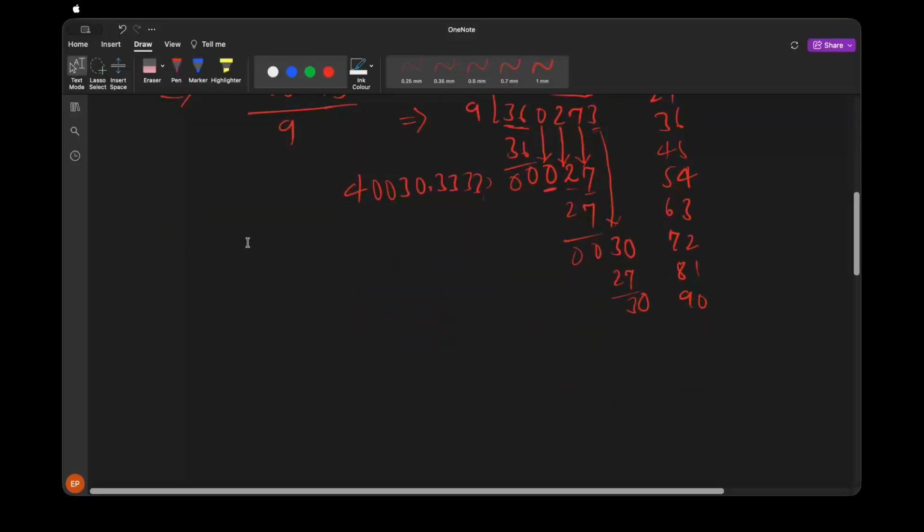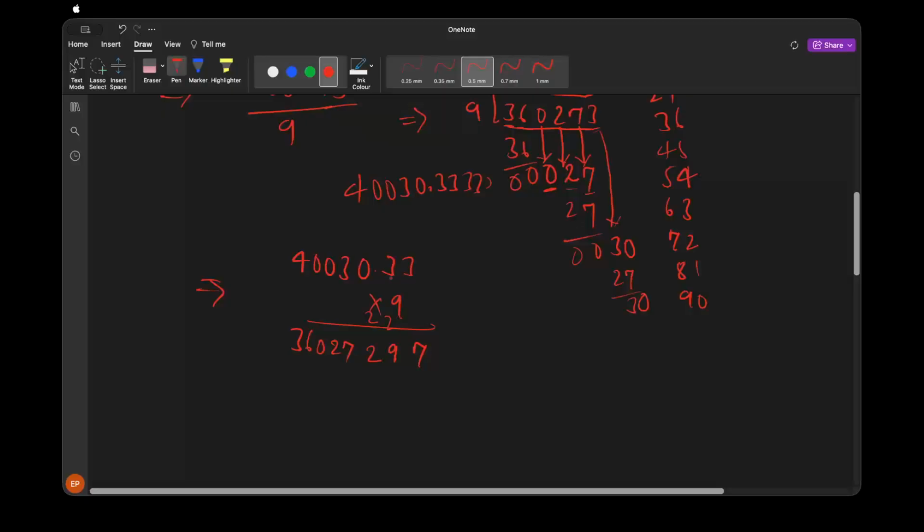Let me cross check whether my answer is correct or not. The answer we got is 40030.33, right? If I multiply with 9, I should get an approximate value of 360273. Let me check. 9 threes are 27. 9 threes are 27 plus 2 is 29. 2. 9 threes are 27. 0. 9 fours are 36.